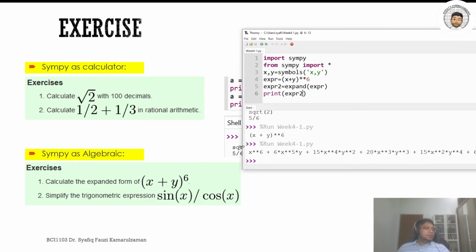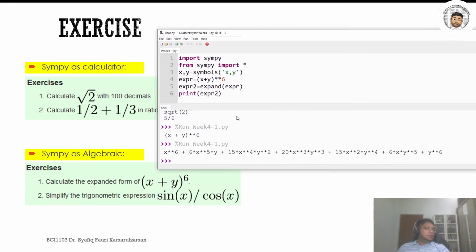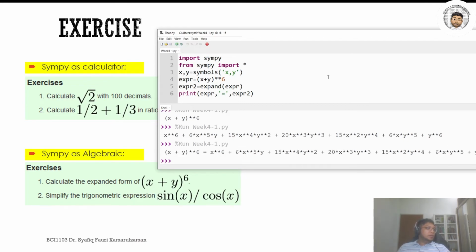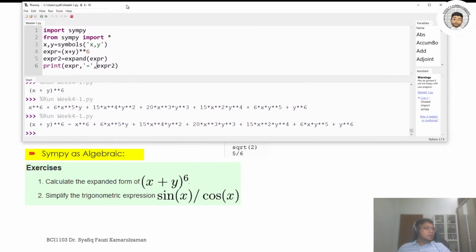So this is the expansion result. If you want to do something like mathematics, you can do it like this. expr equal something like this. x plus y power of 6 is equal to x power of 6 and so on. This one is the answer. So it's a simple case for you to do for your exercise.